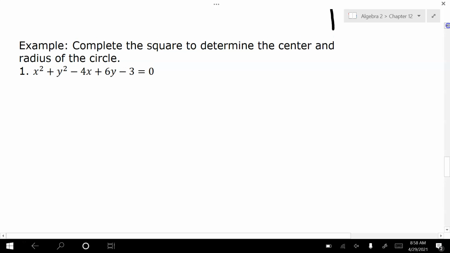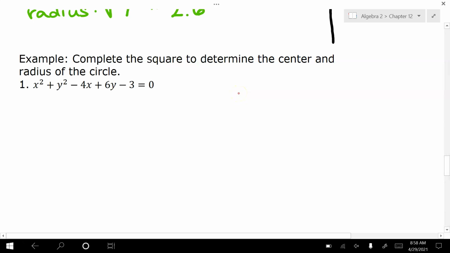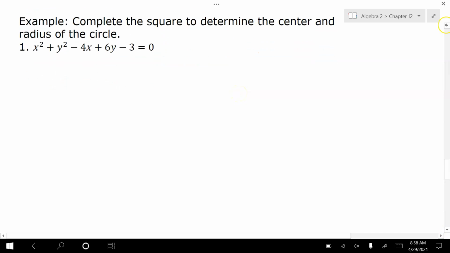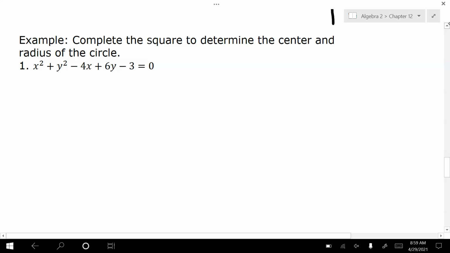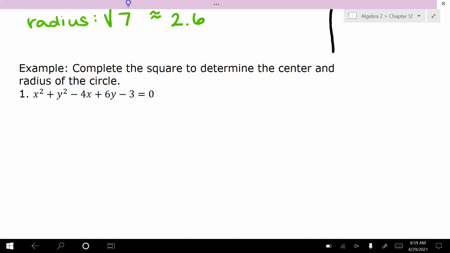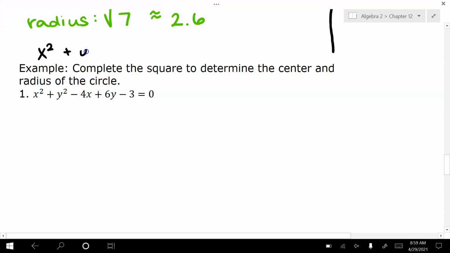So we have what's called the general form of a circle here. The general form looks like this, where you have x squared plus y squared plus dx plus ey plus f equals 0.